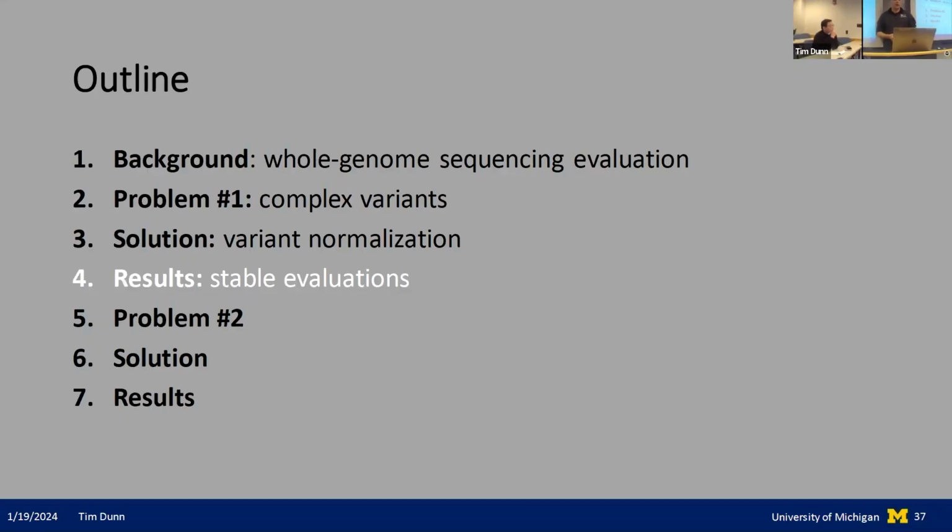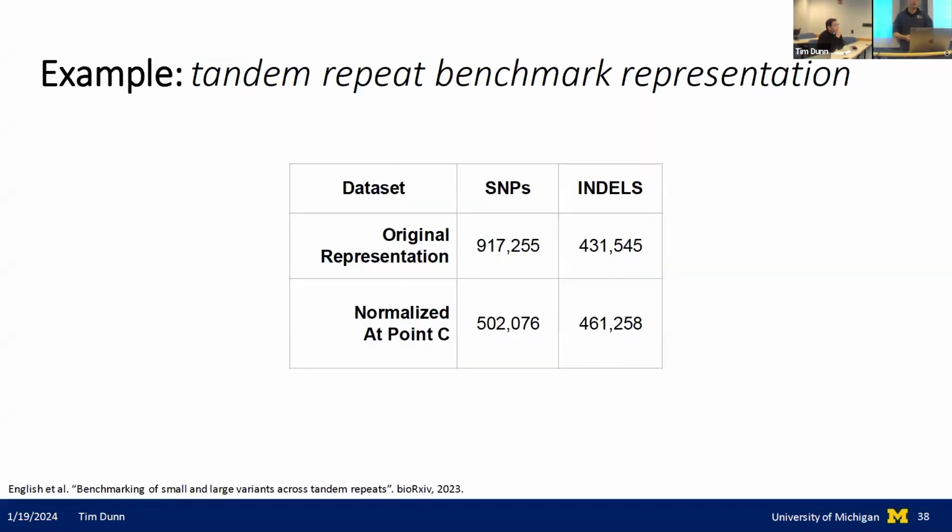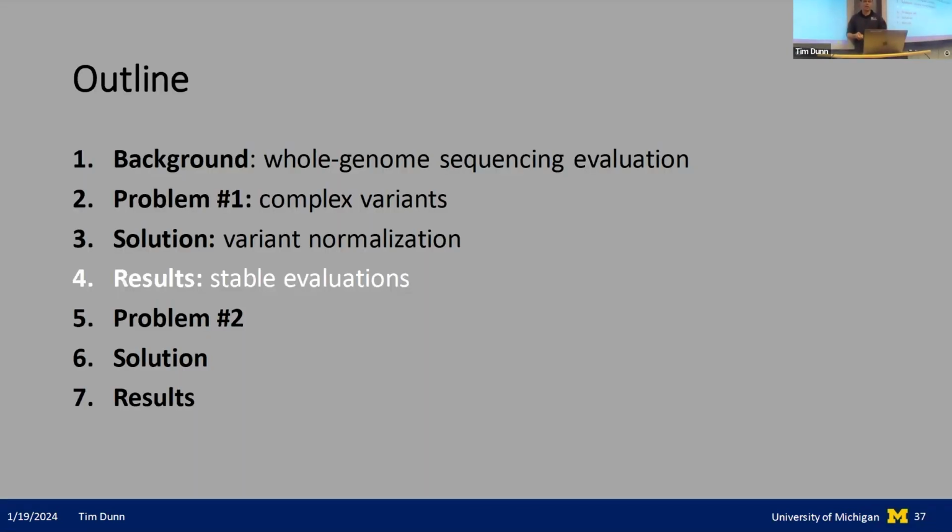Okay. Now I'm going to talk a little bit about what doing this changed for our evaluations. The first example is a tandem repeat benchmark that had an original representation that was pretty far out there.